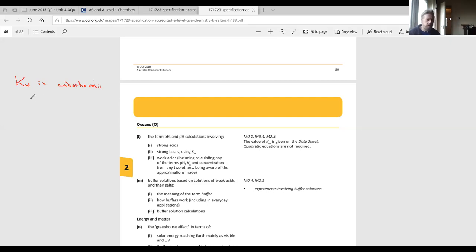Increase temperature, let's make it 30 or something. I don't know what the real answer is, but is it going to go up or down? The Kw? If it's endothermic, the equilibrium, if you increase it, it will go up. And Ka will go up as well.